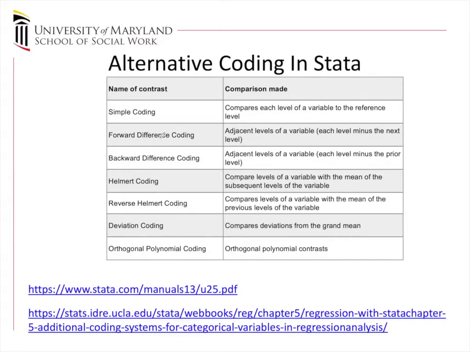So we're going to do a forward difference coding example in just a second, but there's a whole bunch of ones. One I use a lot is deviation coding, which compares to the grand mean. So for example, with race, I like doing it to the grand mean. I say, okay, the mean of all of the groups, and how does each of them differ from that? And there's all sorts of fancy things you can do, like a weighted mean comparison.